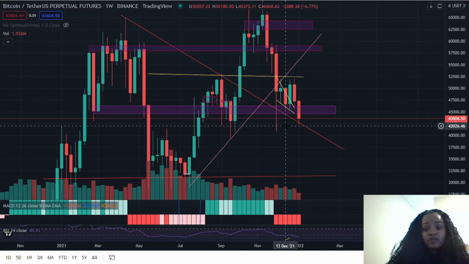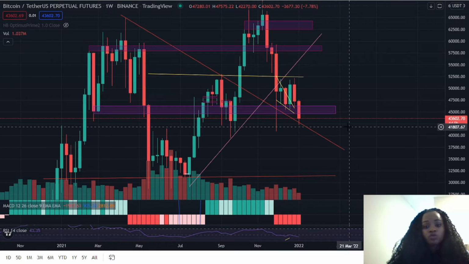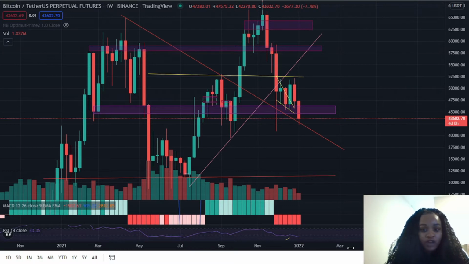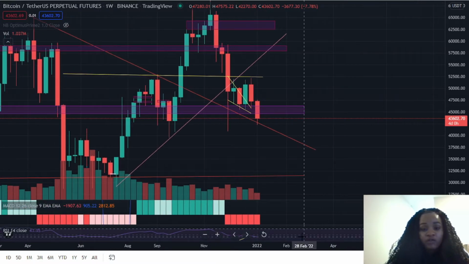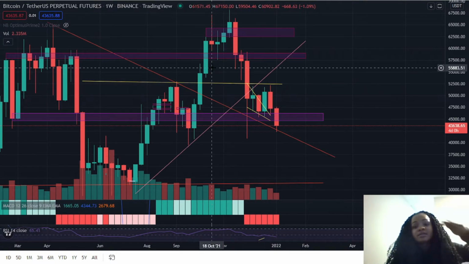Once I've figured out what trend we're in, now I want to find what the support and resistance levels are on the bigger time frame. On this 1 week time frame, I want to find the support and resistance. Resistance is where the price is resisting to go above, and support is where the price bounces up from.